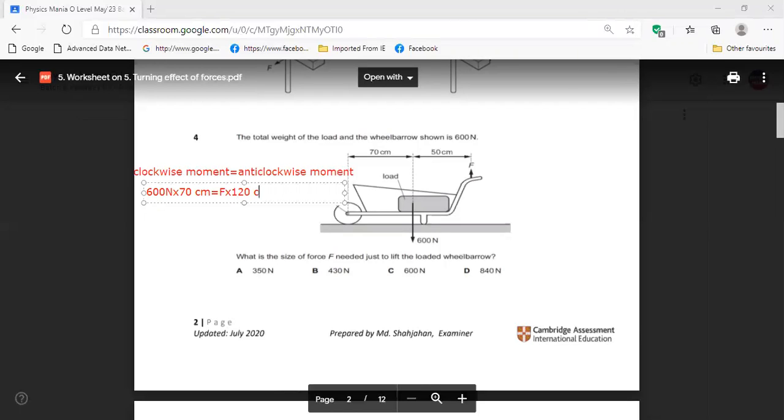So this is the tricky part. Sometimes students take only 50. You have to be very careful that we always have to calculate the distance from the pivot. Now you can get your answer. Tell me the answer now.